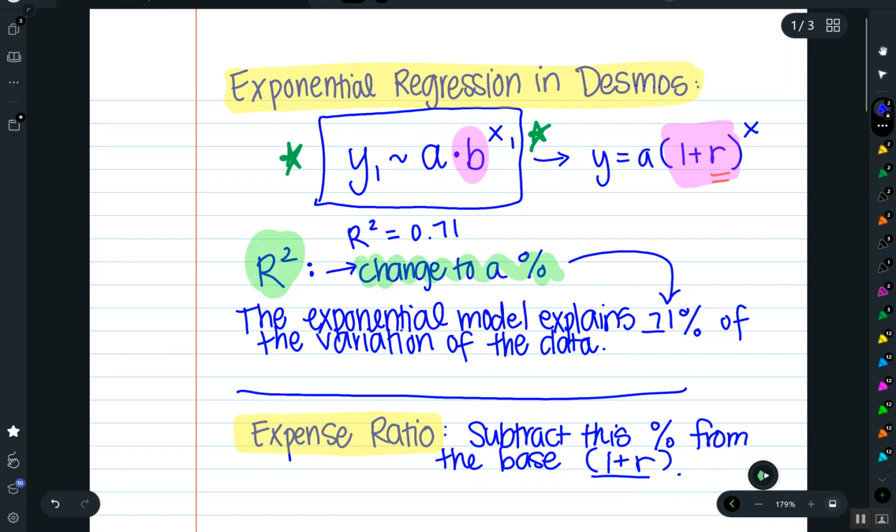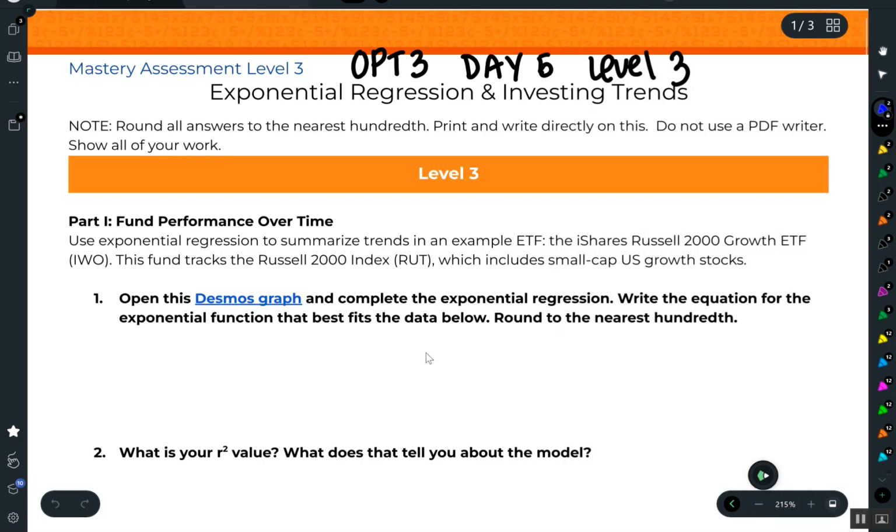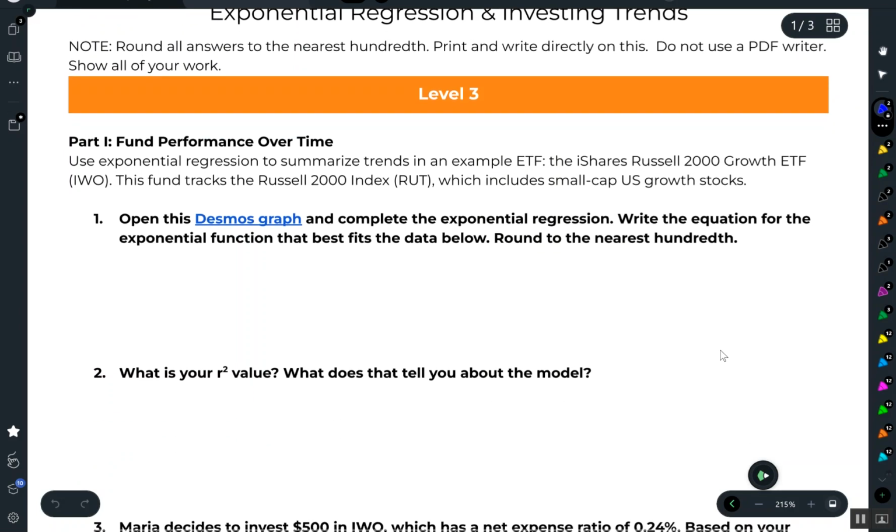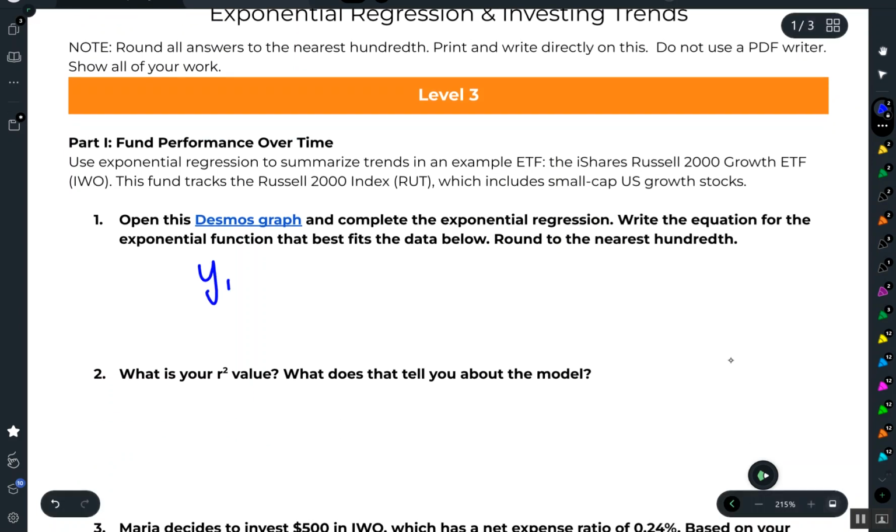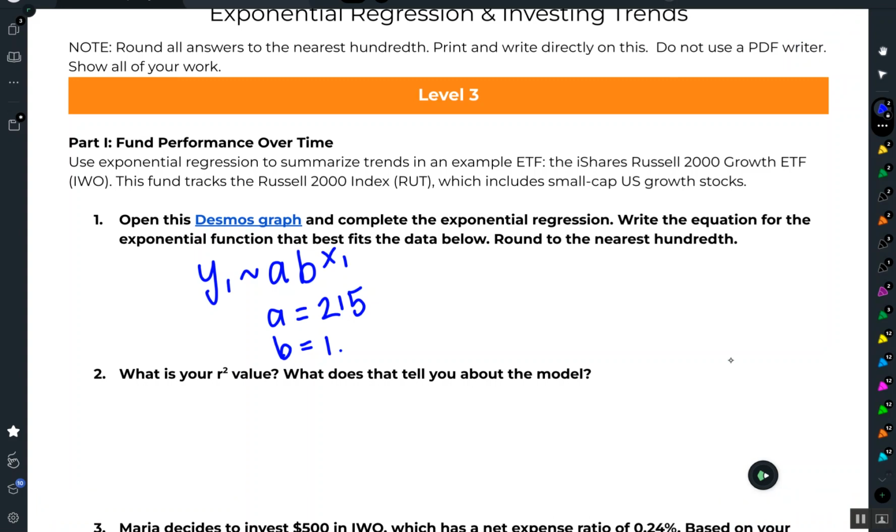Looking specifically at these questions, you have to write the equation for the exponential function after you do the exponential regression. So you have to type this in. It will give you the A and it'll give you the B. I'll just make something up: 215 for A, and B maybe is 1.07.